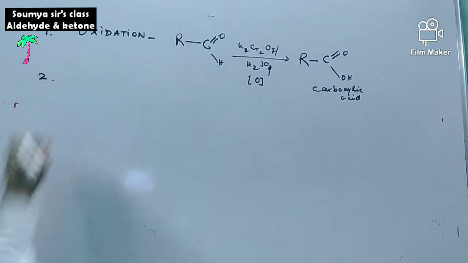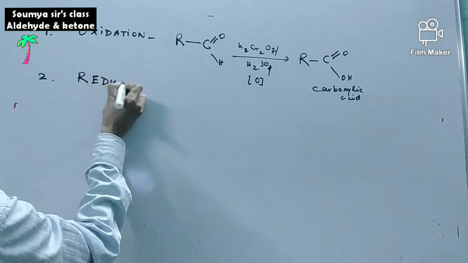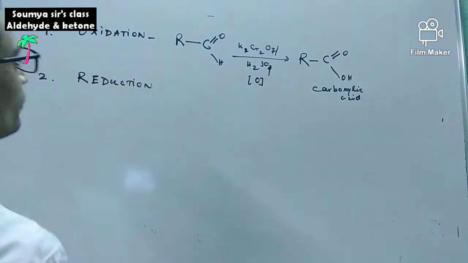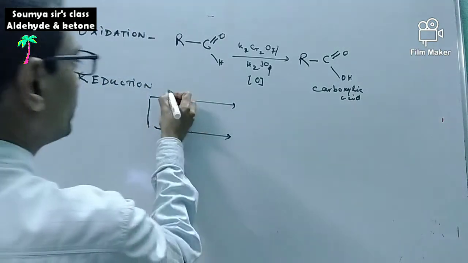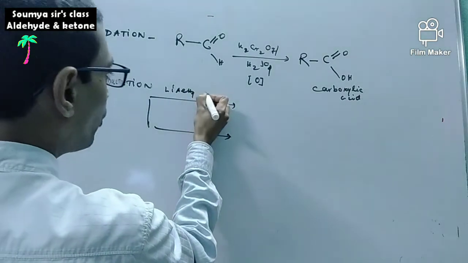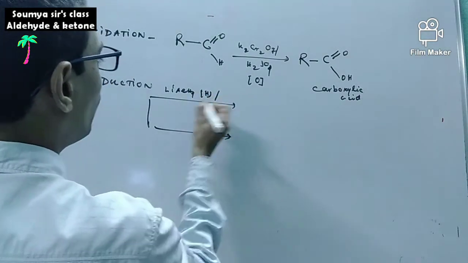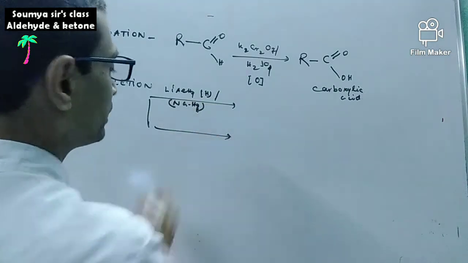Second of all, there are two types of reduction. One is with lithium aluminum hydride, a strong reducing agent, or sodium amalgam, the combination of sodium and mercury.